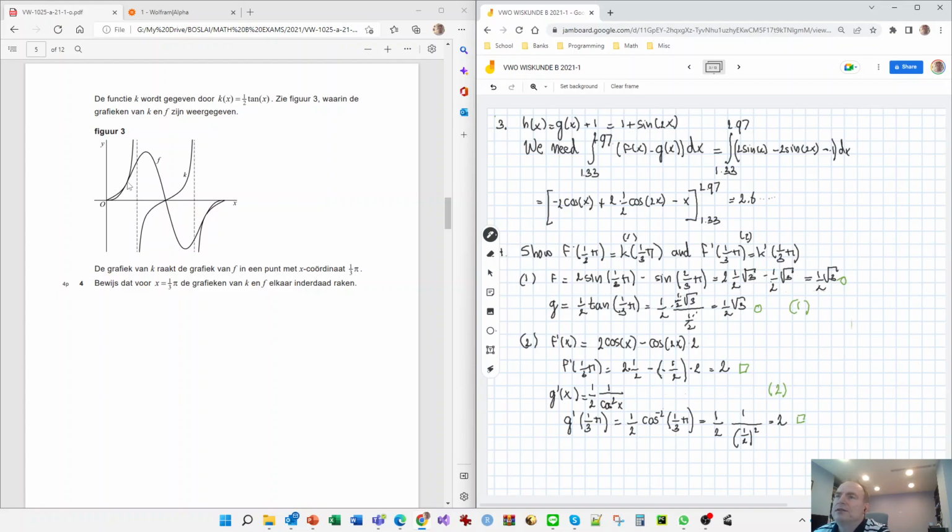They touch in these 2 points here, and the x coordinate of that point is 1/3 pi. So yeah, this is of course 1/2 pi. There's a tangent there as an asymptote.